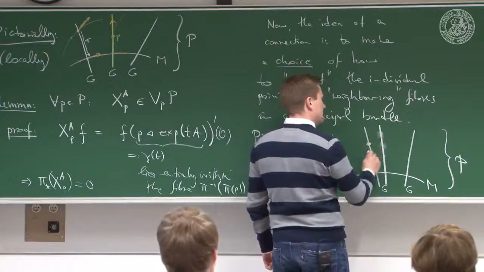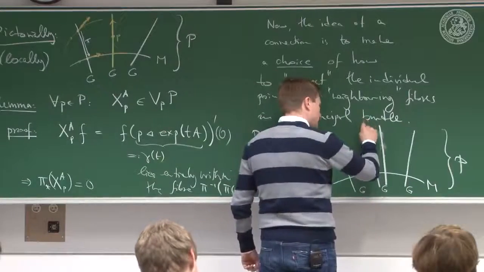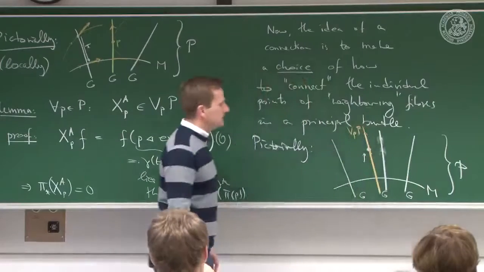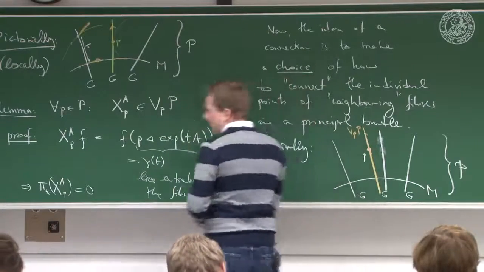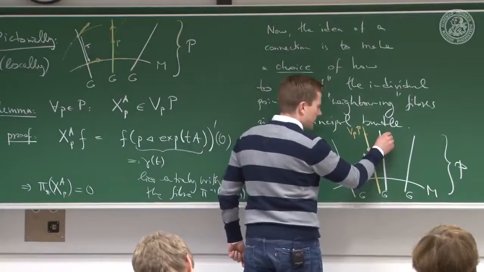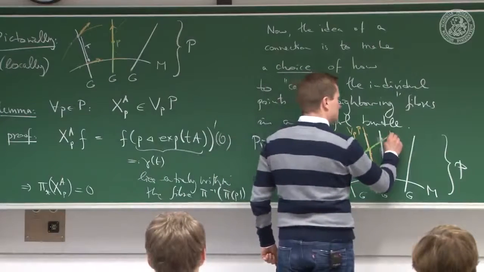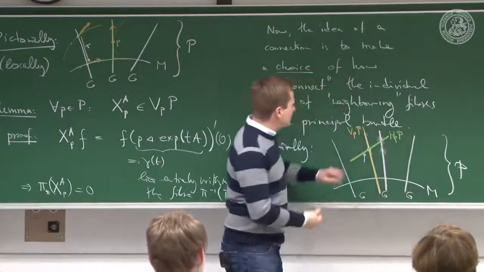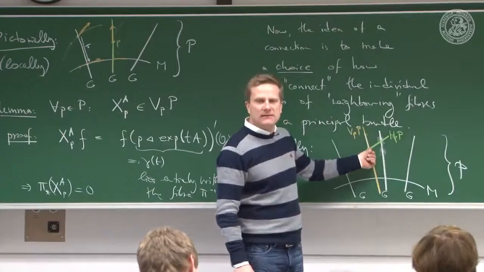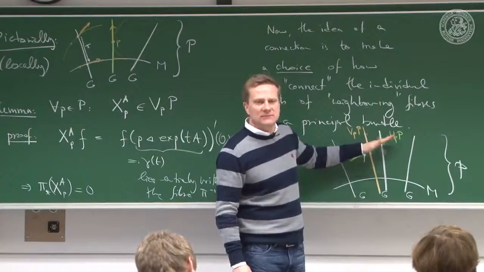That means if I'm at this point here, P, and I look at this subspace here, which is, of course, V_P P, it's the vertical subspace at this point P, then I make a choice, and that is the choice I'm talking about. I make a choice of another subspace, and this is a 1 + 1 dimensional picture, but this is supposed to be another subspace such that V_P P and the direct sum of H_P P span the entire tangent space at this point.